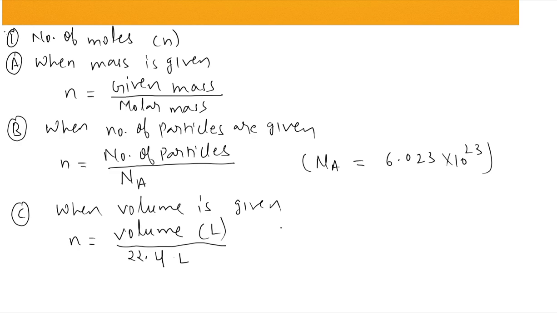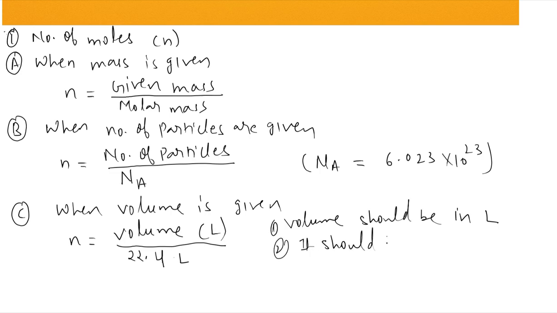One thing that you need to keep in mind while using this formula is volume should be in liter. Secondly, it should be at STP. STP means standard temperature and pressure.